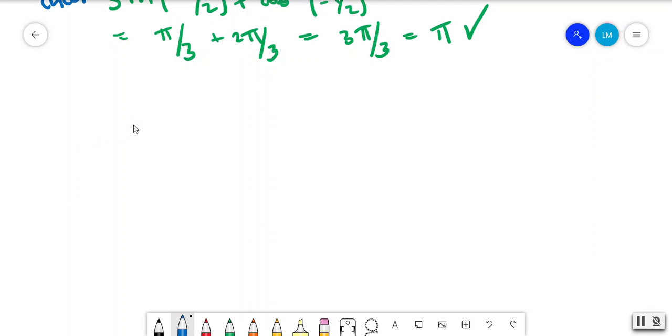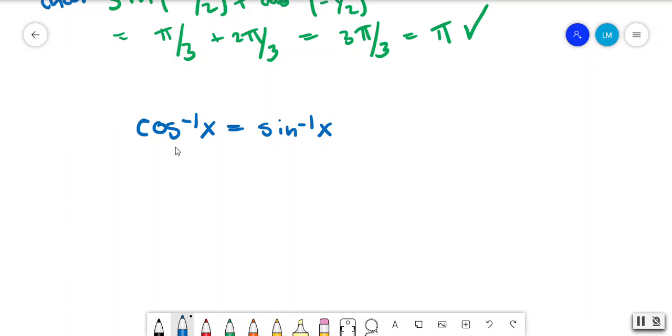You could have something as simple as, let's say for example, that you have cosine inverse of x equals sine inverse of x.